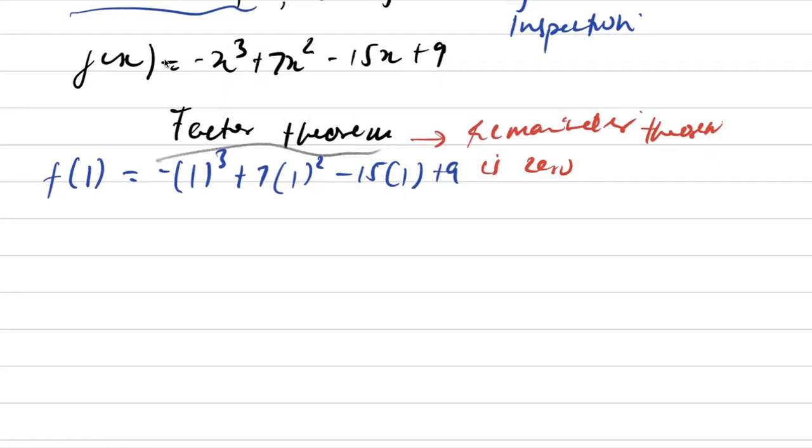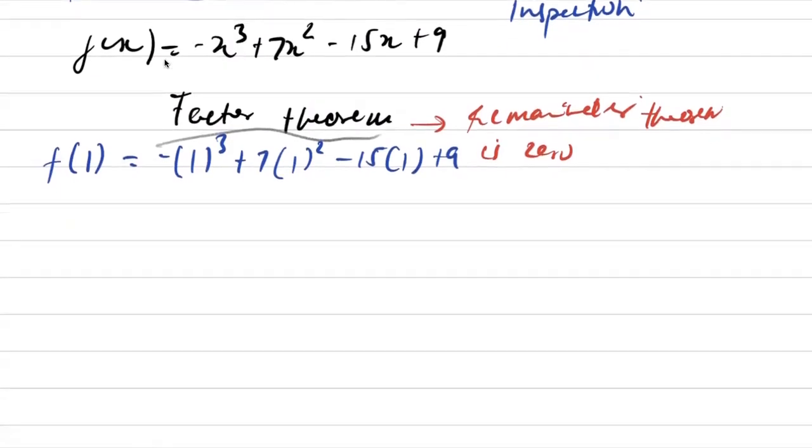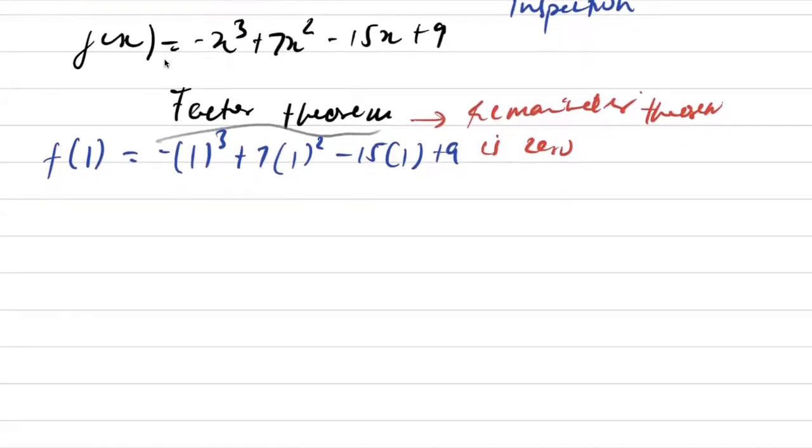Let's see if that's going to give us a 0. Put it in the calculator. x minus 1. Let's see, I plan ahead.